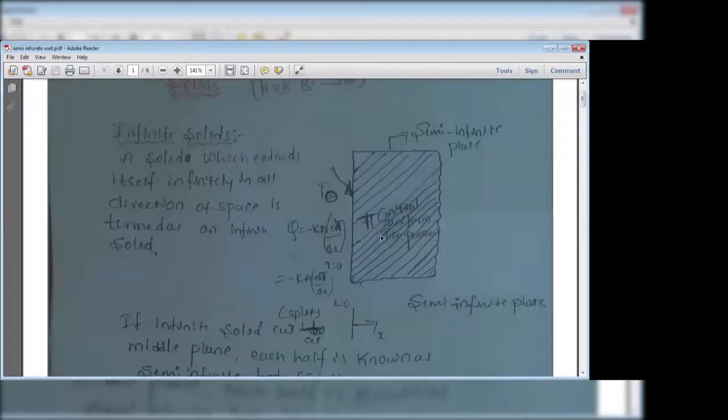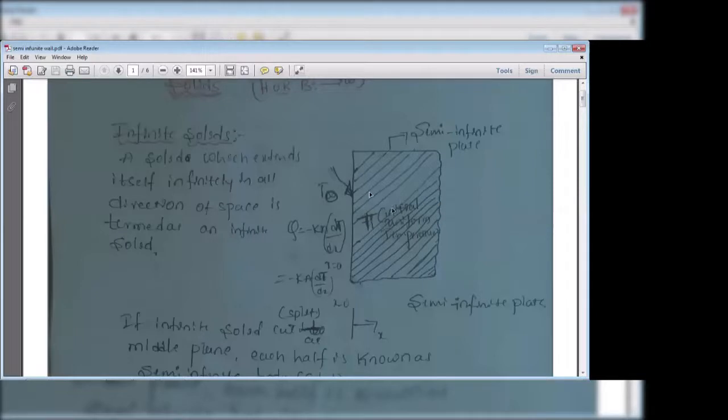So the temperature at any point of the boundary will not alter, whether it is a cooling or a heating process, because of the long thickness.